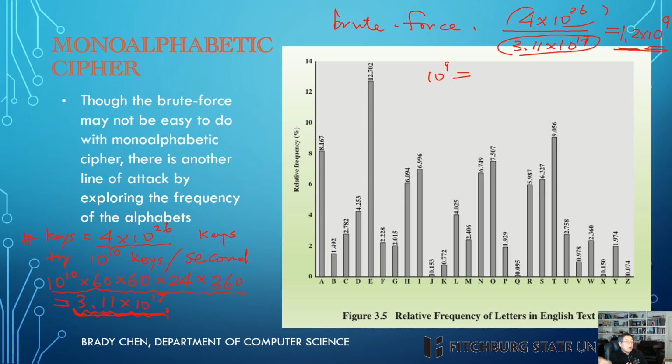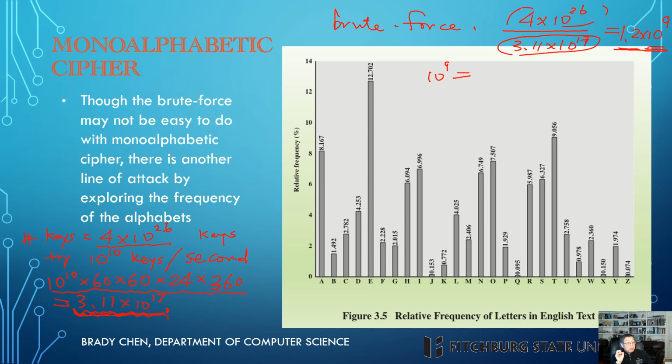It's much longer than the entire human history. So the monoalphabetic cipher is secure with respect to the brute force attack, but is it really secure?